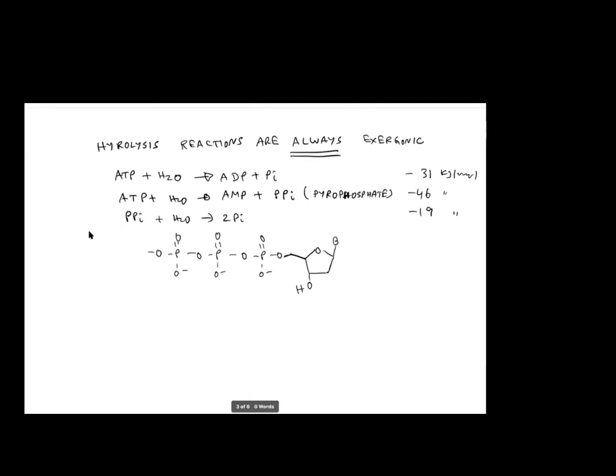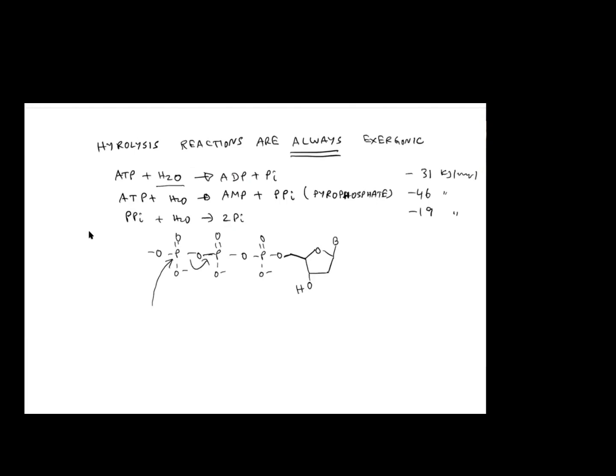And so what we basically did is that in the first process, we made ADP. So the attack was here, and we got this opening, right?